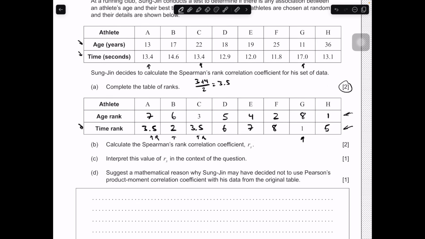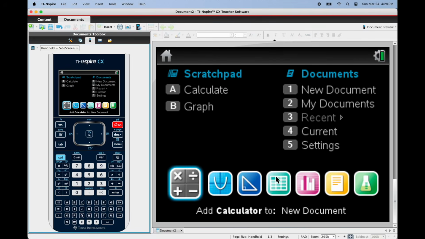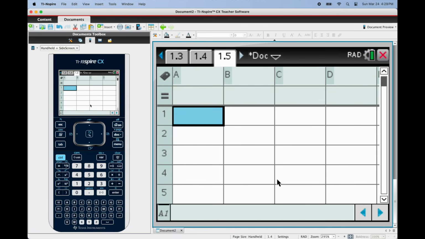Alright, part B asks us to make use of this table and asks us to calculate the Spearman's rank correlation coefficient, RS. Okay, so to work this out, we're going to go into spreadsheets and run 2 variable statistics. So let's go back to the document. Here we are in the calculator spreadsheets.